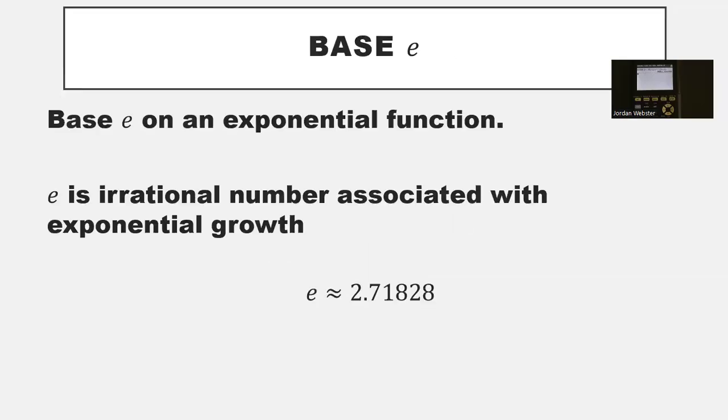Now, one important exponential calculation that we'll have is base e exponential calculations. Base e is a very common base for an exponential function. It's an irrational number that's associated with exponential growth, like natural exponential growth.